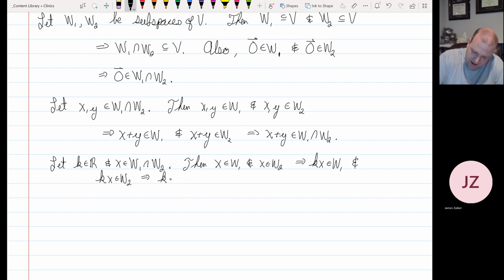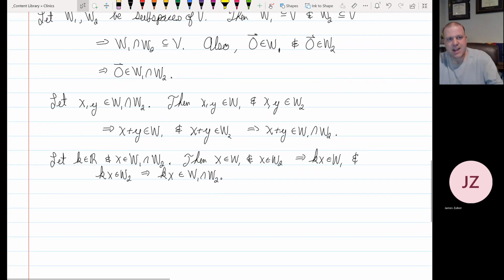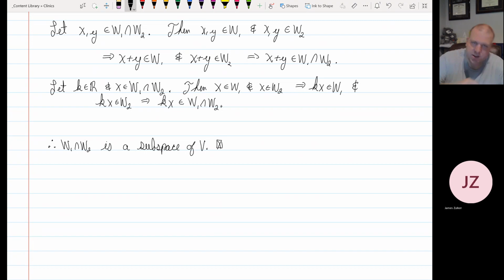But then this means, by definition, that k times x is in their intersection, which is what we wanted. So we have it's a non-empty subset, so it contains the zero vector. It's closed under addition. It's closed under multiplication. So it's a subspace of V.